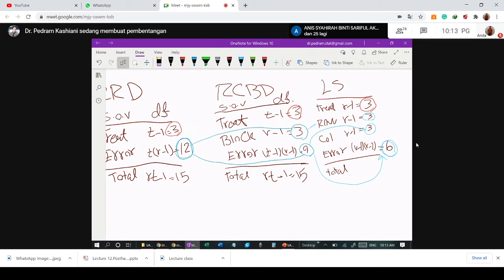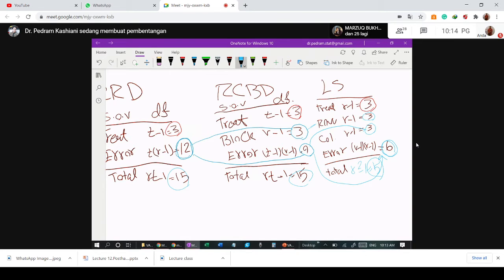My total here is also r squared minus 1, 16 minus 1, which is 15. So my total is always 15, meaning my experimental units are always 16. In CRD, I have 12 degrees of freedom.